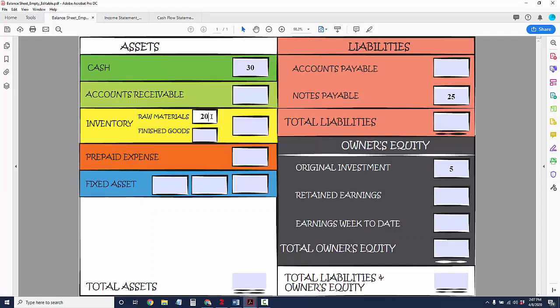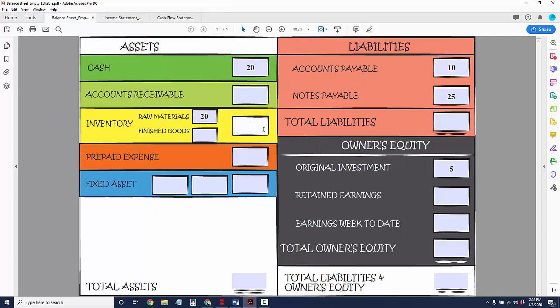So you would write $20 here worth of raw materials in our inventory. We use $10 in cash. So cash goes from 30 to 20, cash goes down 10. And we also owe the grocer $10 for ingredients that we have received but have not yet paid for, right?